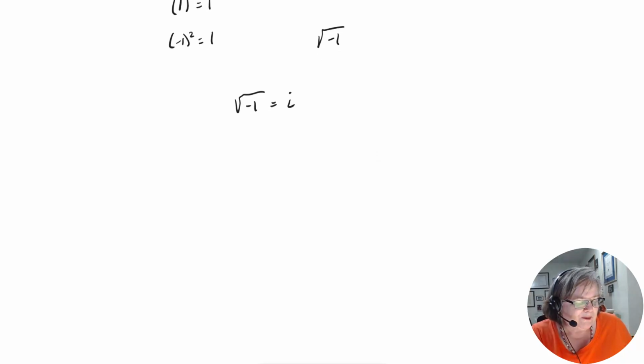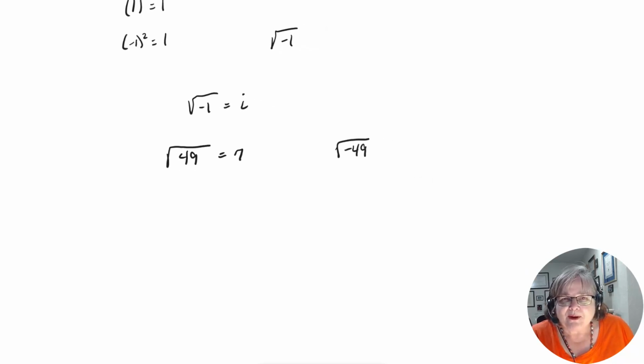Now, once we have that concept, it kind of goes like this. All right, so if you have the square root of 49, well, what multiplies by itself and gets you 49? 7 is one possibility. It's the primary one. It's the positive one, right? What about the square root of -49?